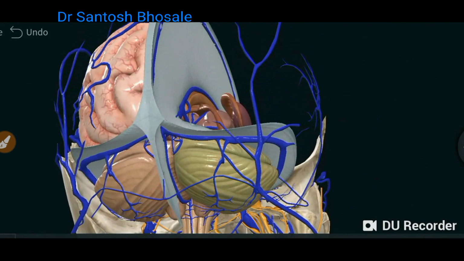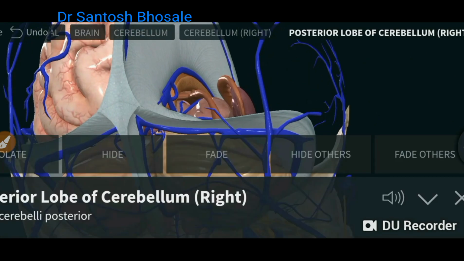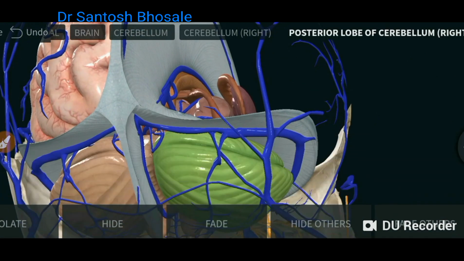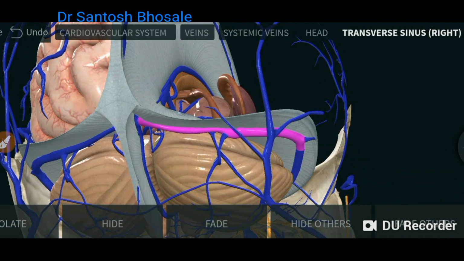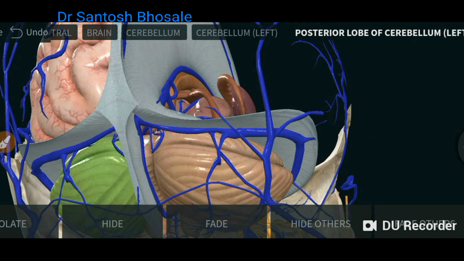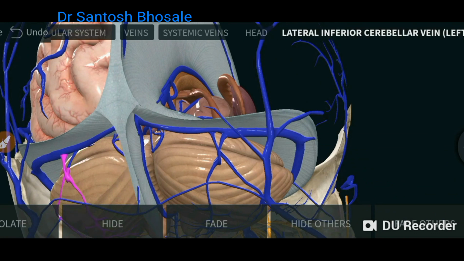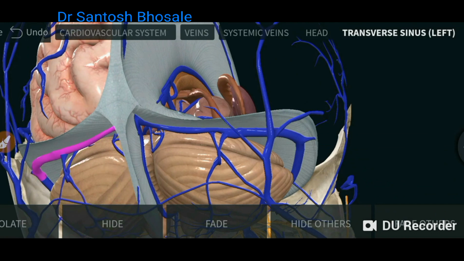You can see here above the cerebellum, that is the tentorium cerebelli, along the posterior attached margin. You can see this is the transverse sinus. It lies along the posterior attached margin of the tentorium cerebelli, and the right is usually larger than the left one.